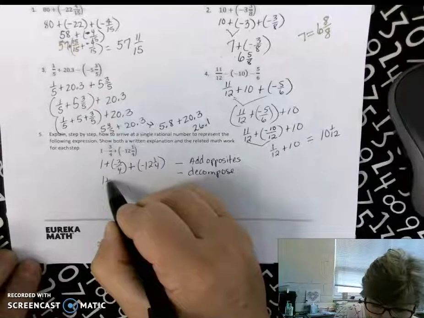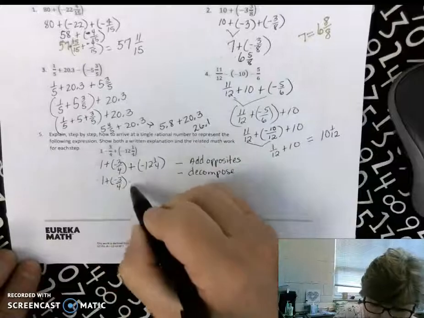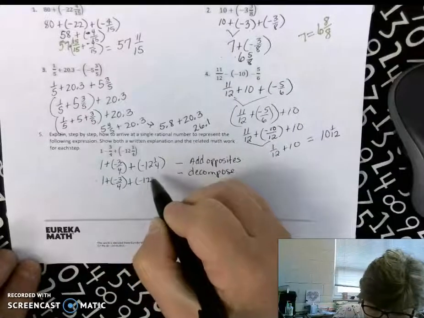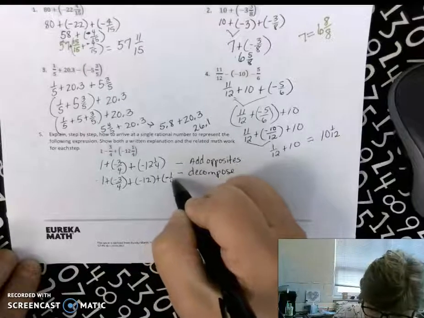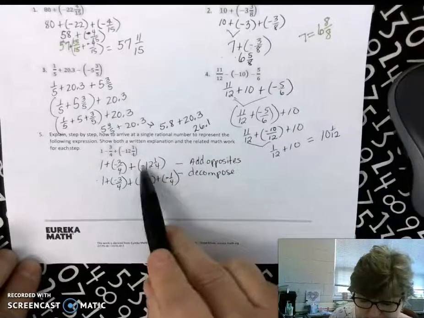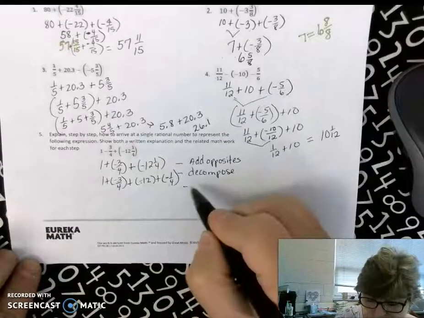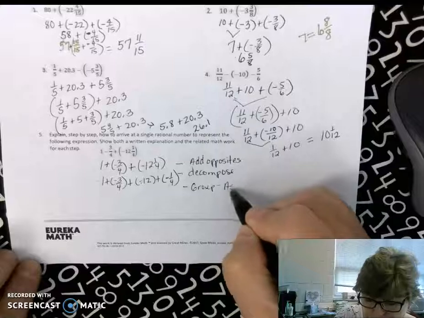So 1 plus negative 3/4 plus negative 12 plus negative 1/4. Notice that all of this is a negative, so each piece is negative. Okay, now I'm going to group using the associative property.